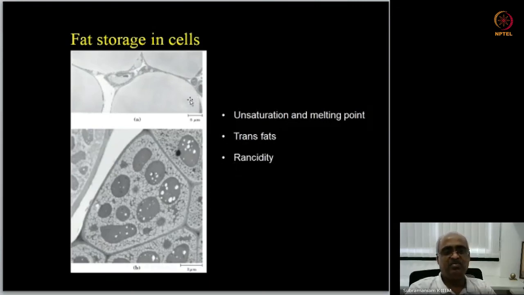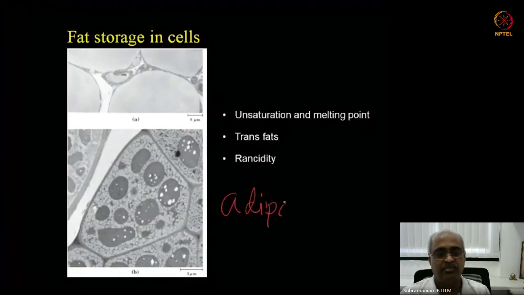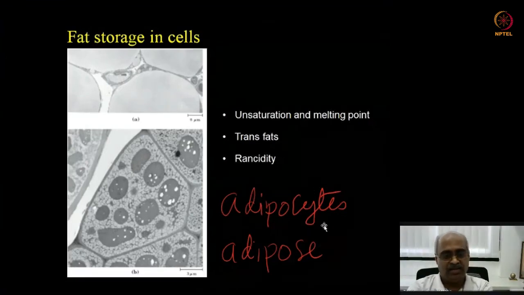And here is an example of 4 major adipocytes. These adipocytes are the cells which are fat filled. Okay, so these are present in adipose tissue, which is under our skin and also surrounding many internal organs.